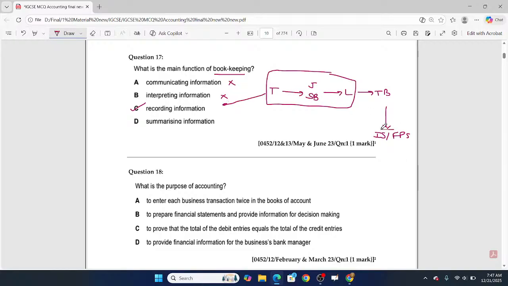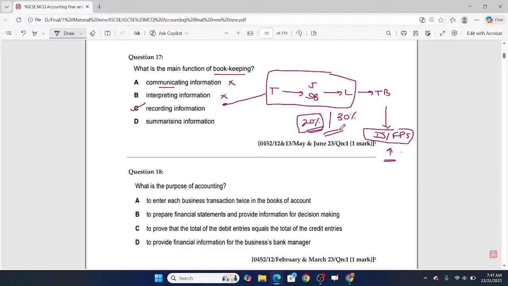Once you prepare the financial statement, income statement and financial position statement, this information will help the others to know what about the business performance. If the profit is increasing compared to the previous year, it communicates that this business is doing well. So communication. And if the business gives you 20% margin, and if you are verifying the profitability of the other company, and it shows 30% gross profit margin, you will understand that your business is performing lesser.